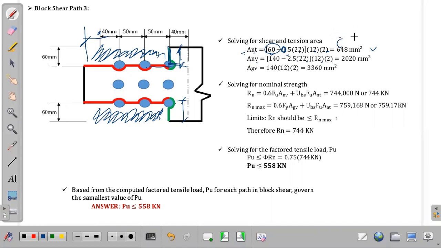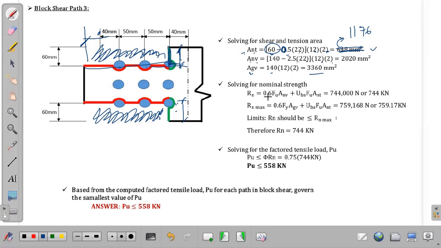So kindly recheck this. 1176. Okay? So A and B, AGV. So AGV, that is the gross area subjected to shear. So that is 140. 140 hanggang dyan times 12. The thickness times 2. Since dalawa yan, kaya 3360.